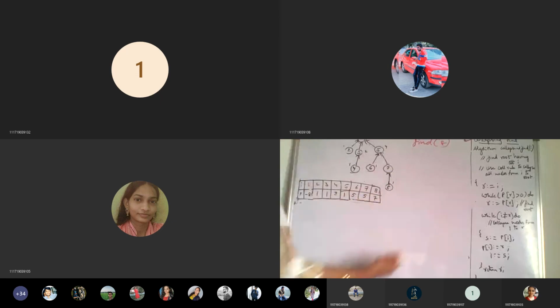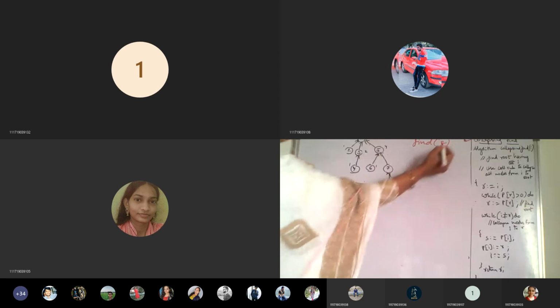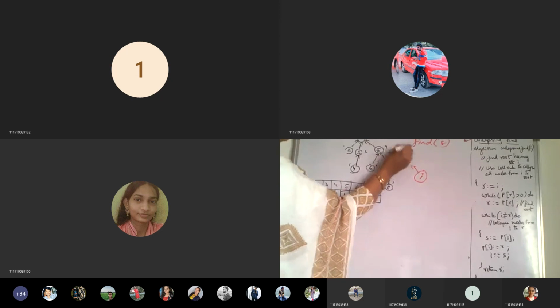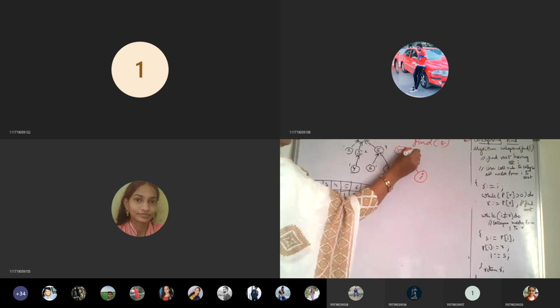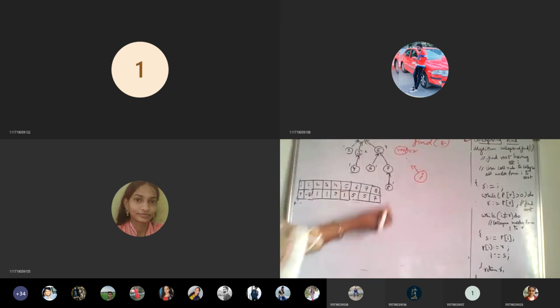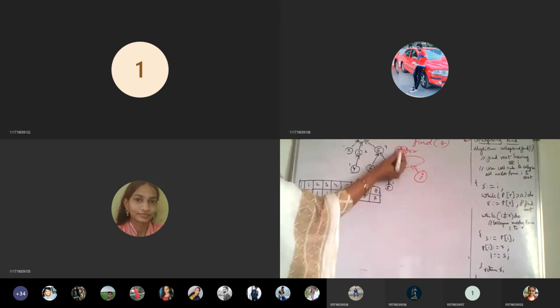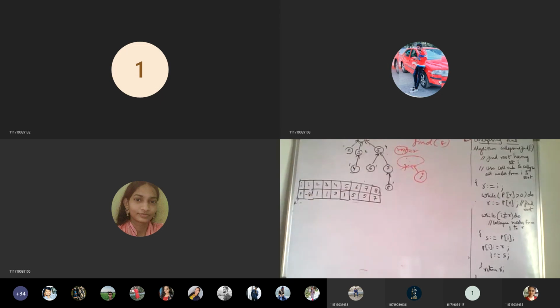Use the collapsing rule to collapse all the nodes from i to the root. Say suppose this 8 I am taking as i. So from i towards the root, and this root we are giving as some r. Whatever intermediate nodes we have from i to the root, these need to be collapsed.